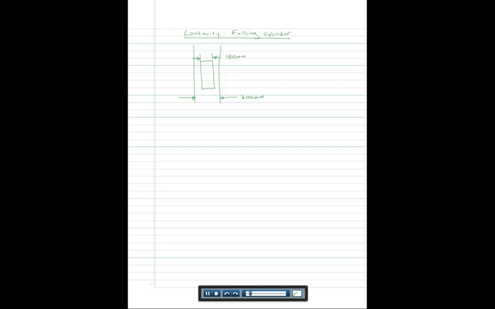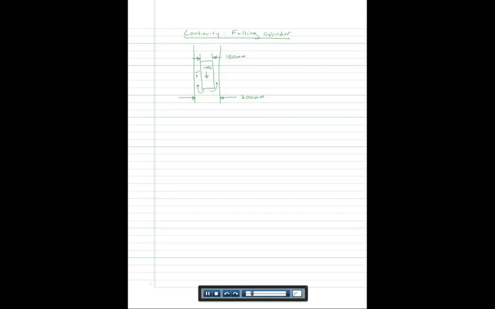And what we want to know is, if the cylinder is falling 1 meter per second, what is the velocity of the water as it gets pushed around the side of the cylinder? The cylinder falls, it's pushing water out of the way, and so what is the velocity of that water as it goes around the side?